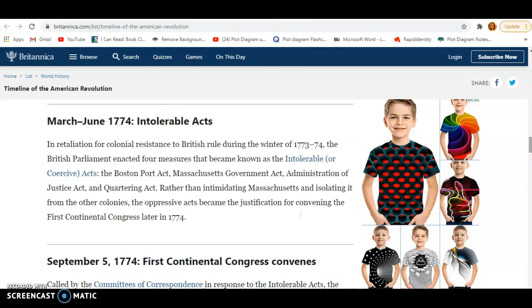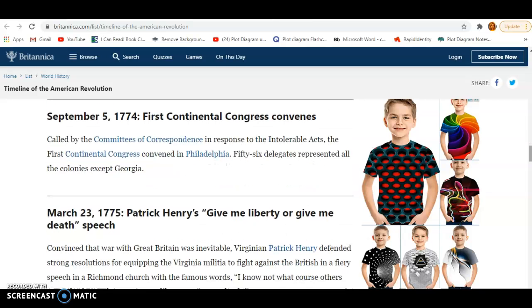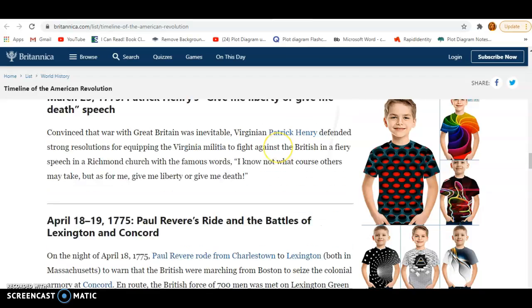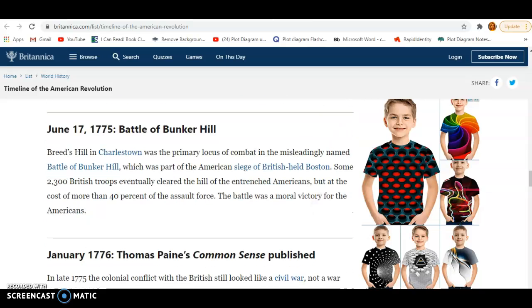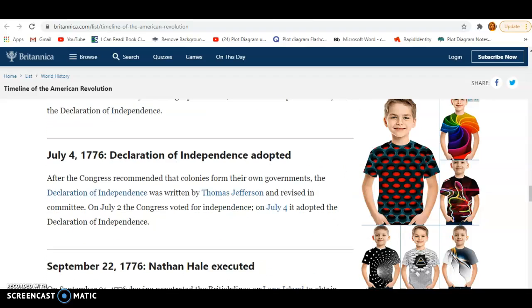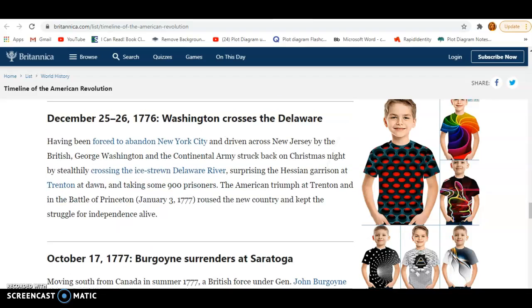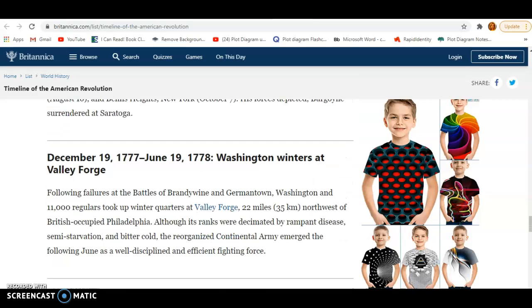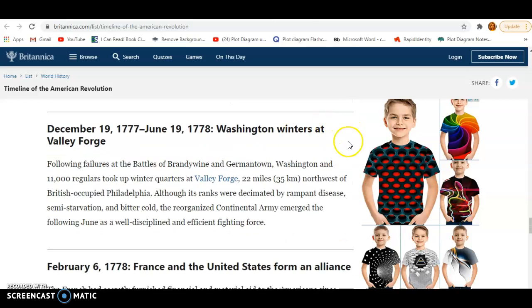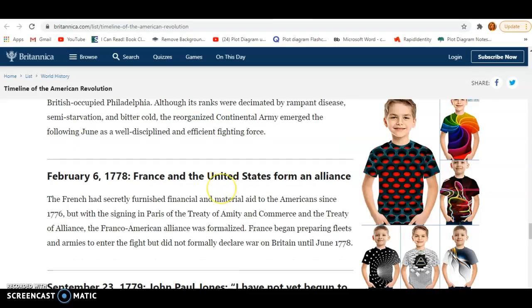We're going to get up here. There's the Intolerable Acts. You could do the First Continental Congress meeting. You could talk about the battles of Lexington and Concord, the Battle of Bunker Hill, the Declaration of Independence. You could do anything about George Washington. Here he is talking about Valley Forge.